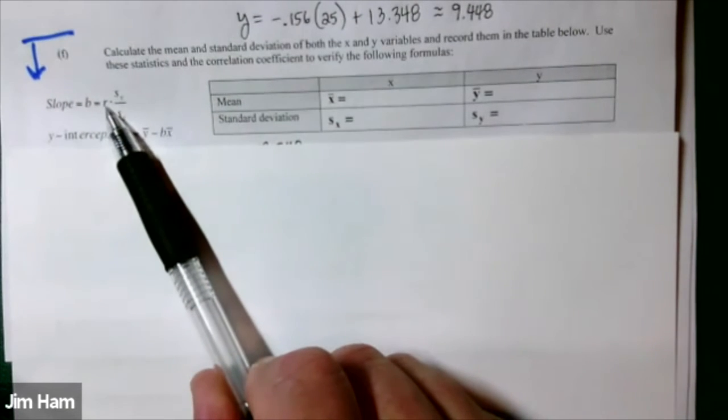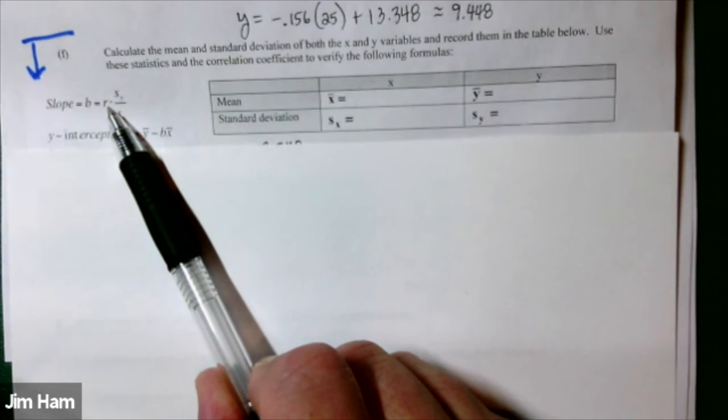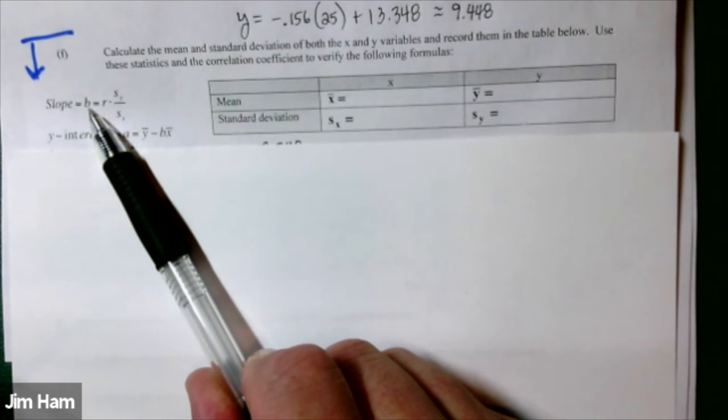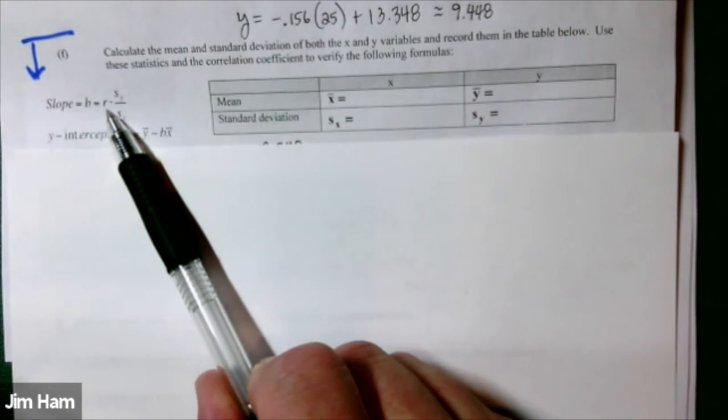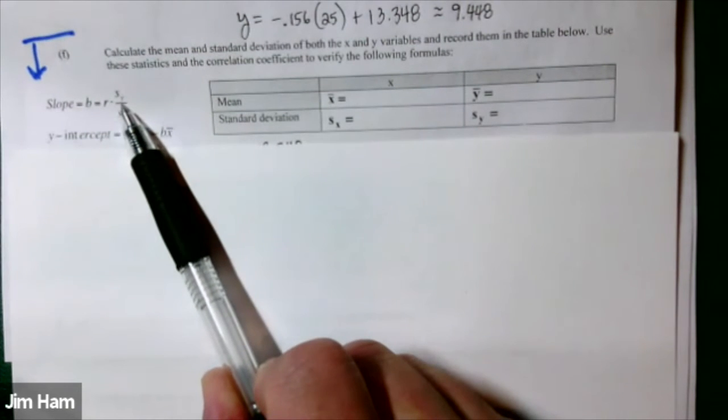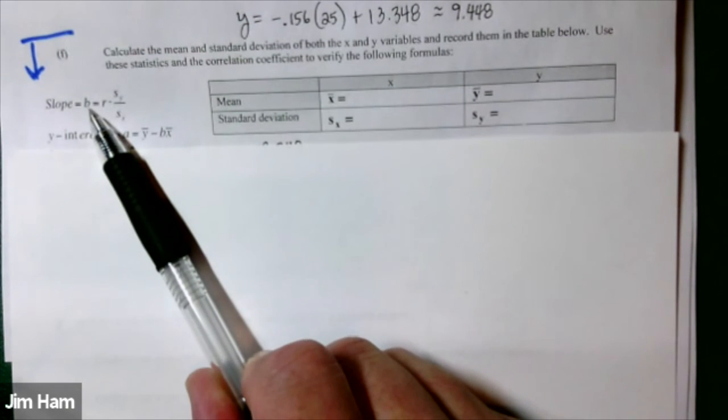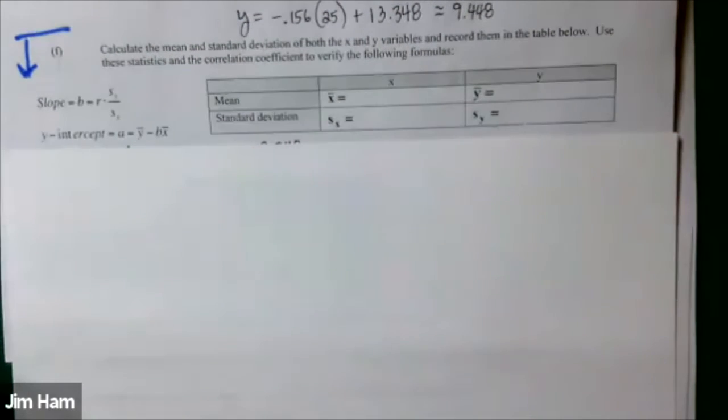If the correlation coefficient is negative, then so will be the slope of the regression line. And if the correlation coefficient is positive, then since this other fraction is positive, the slope will be positive. So there's the relationship that we talked about last time: the slope of the regression line and the correlation coefficient will have the same sign.